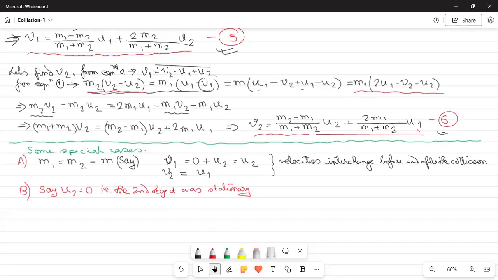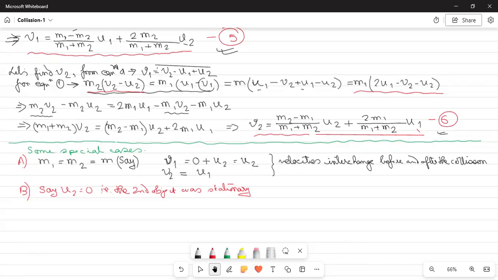This happens very often in your practical life. Suppose, as I gave you an example yesterday, you are playing in a football match, and you are standing stationary, but suddenly the ball comes and hits you. So it very often happens that the second object is stationary.